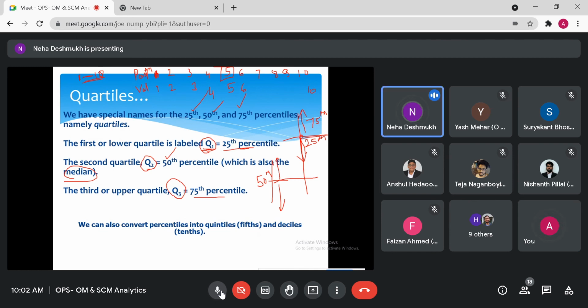I will take the second or third example also. First tell me, this is the center location, fifth position. So the value at the fifth position, at the 50%, is 5. Agree? Yes, 50th position means value at the center is 5 here. Means 50% values are less than 5 and 50% values are greater than 5.